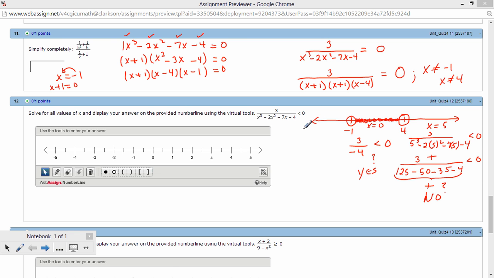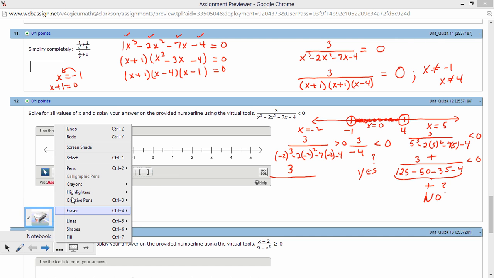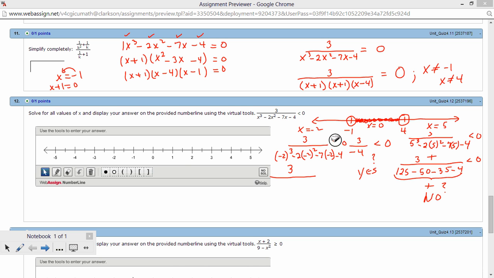All right. Now, if you try a number less than negative 1, for instance, negative 2, our numerator held constant at 3, and we've got negative 2 cubed minus 2 times negative 2 squared minus 7 times negative 2 minus 4. And the question, I apologize, is that less than 0? This is supposed to be less than 0.